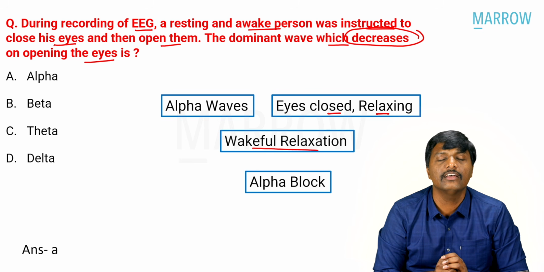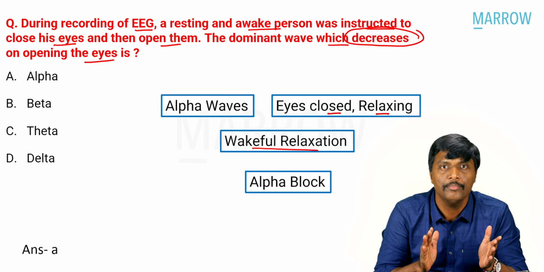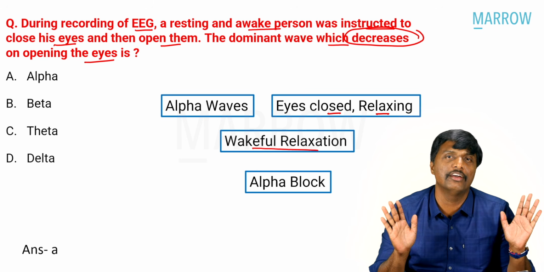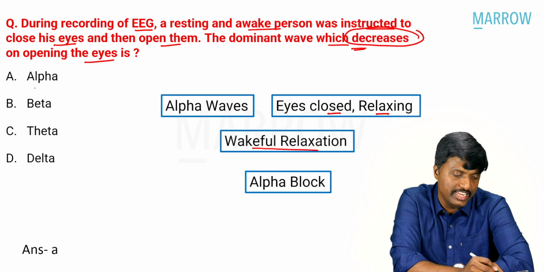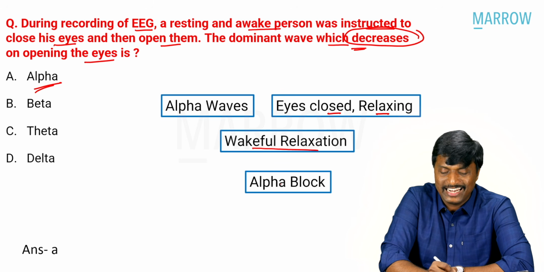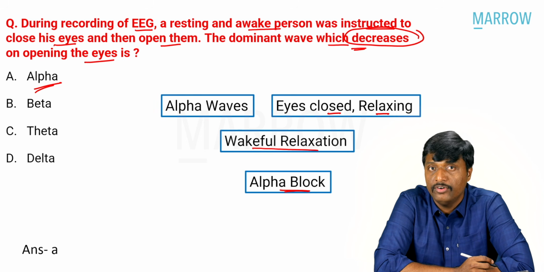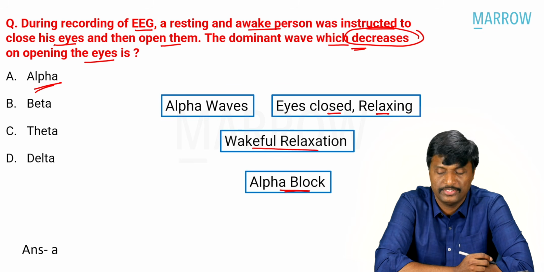Simply closing eyes, relaxation, alpha predominance. Startle them, open their eyes, alpha will get blocked, beta wave will come. So, what is the wave that decreases here? Definitely it is alpha wave. This is the classical alpha block. Alpha wave for wakeful relaxation. Closing your eyes, not sleeping, simply relaxing. Simple. The answer is alpha waves.